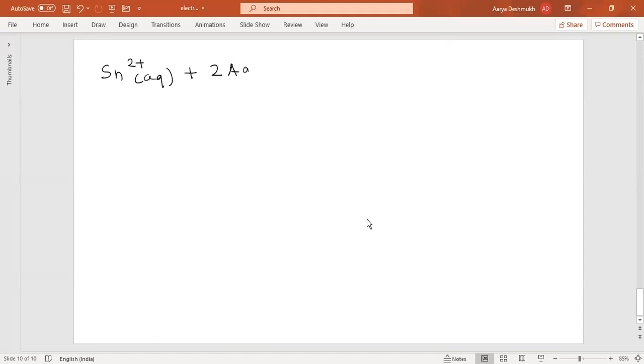Sn2+ plus twice AgCl in solid form is getting converted into Sn4+ in aqueous form, plus twice Ag plus twice Cl minus aqueous. The reaction may be given in ionic form or in a compound or molecular form also, as it was given in the earlier case.